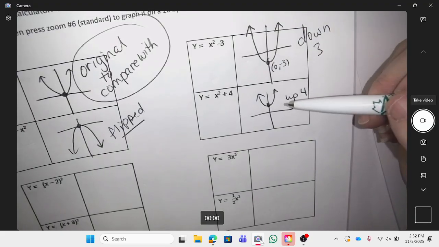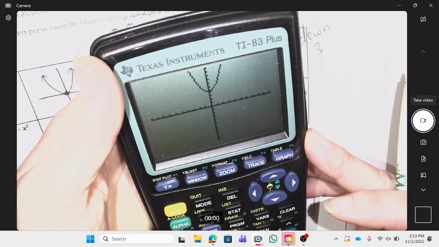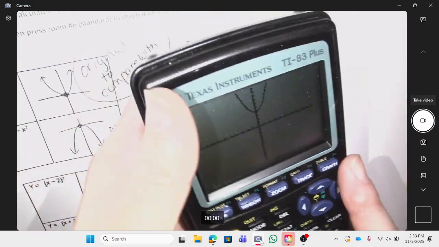Do you notice how I'm drawing arrows on there? Your graph doesn't have that, but you have to understand that it's going off the page and keeps going, right? That's an arrow situation.